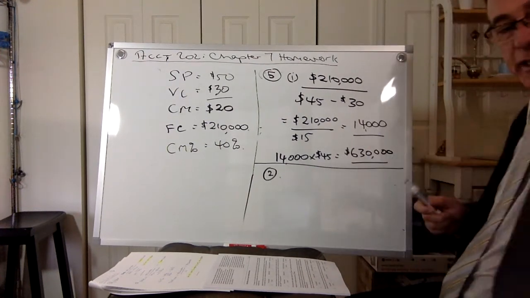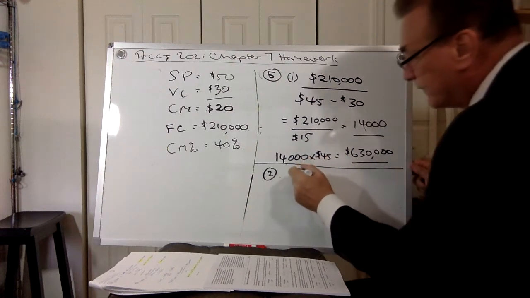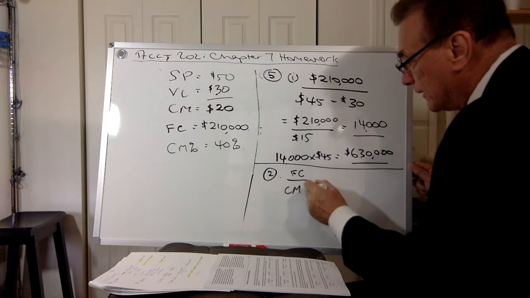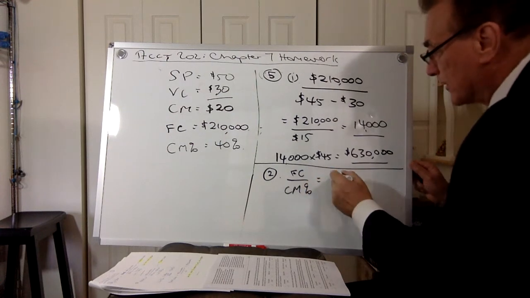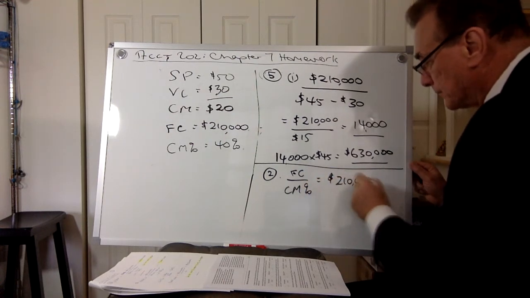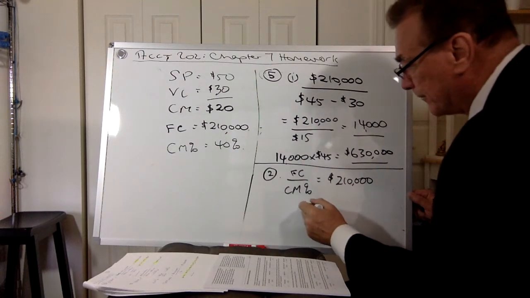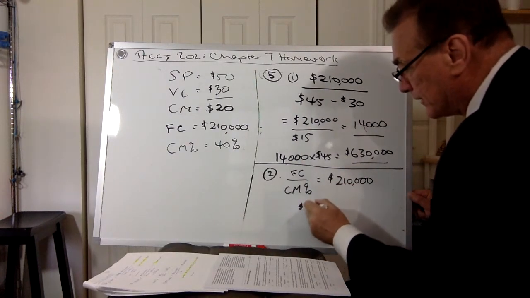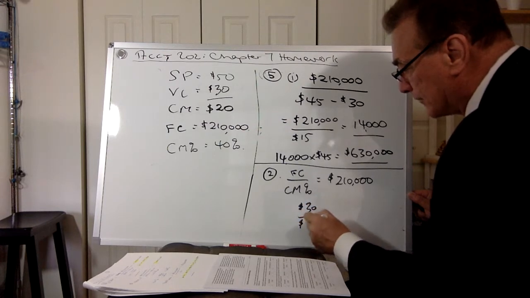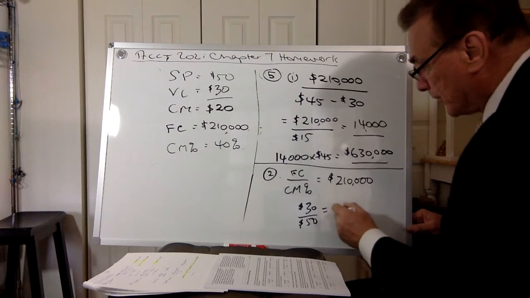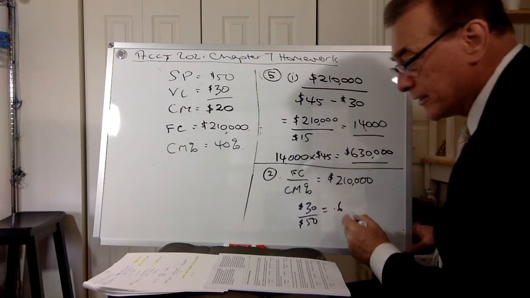Now what you can do to get your sales is take your fixed cost divided by the contribution margin as a percentage. So the fixed cost of 210,000, and the contribution margin as a percentage, remember the contribution margin is $30 out of the selling price of $50. And so that's 0.6, 60%.